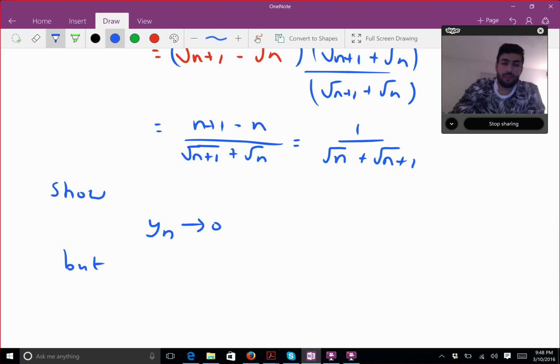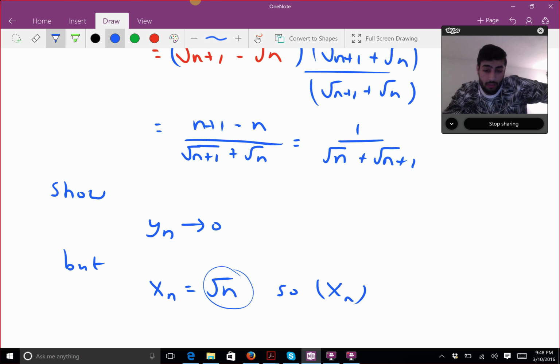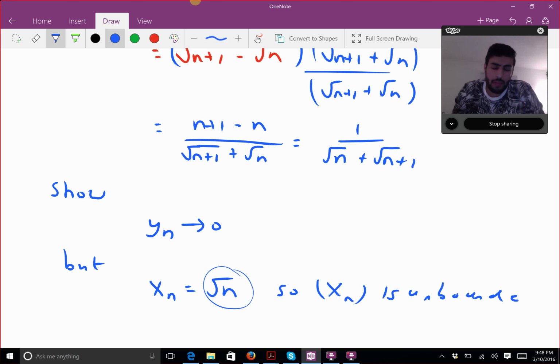Why? Because x n is equal to the square root of n, which is unbounded. This goes to infinity. How do you know it's unbounded? Because the square root of n gets bigger and bigger.